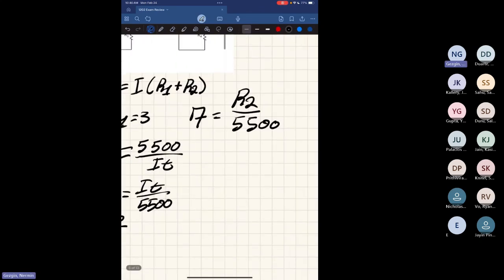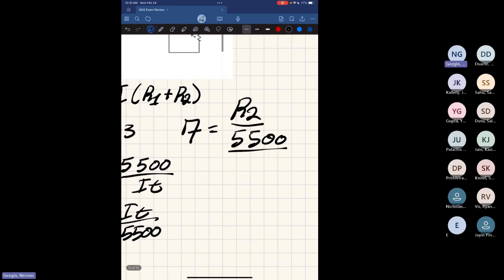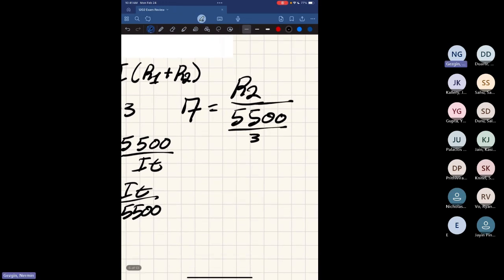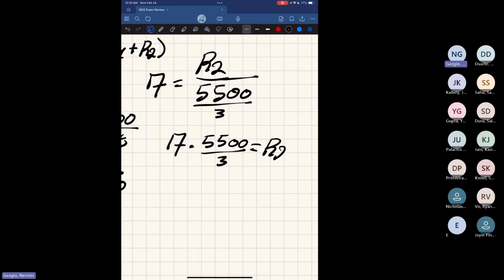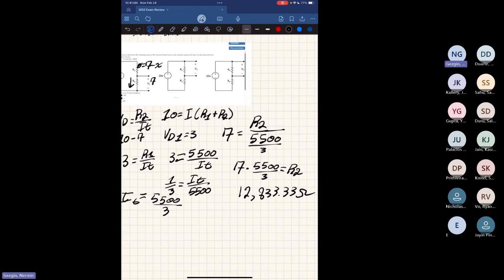So next, we're going to solve for this, which is just 7 over the current equals the value of R2, which roughly turns into this value in ohms for the value of R2.